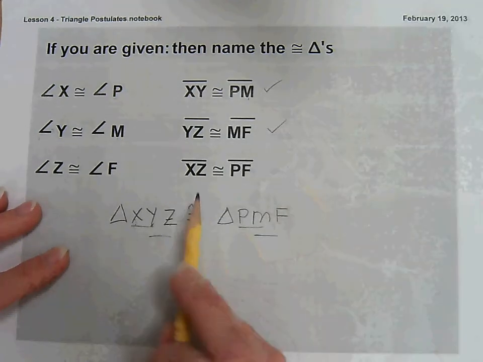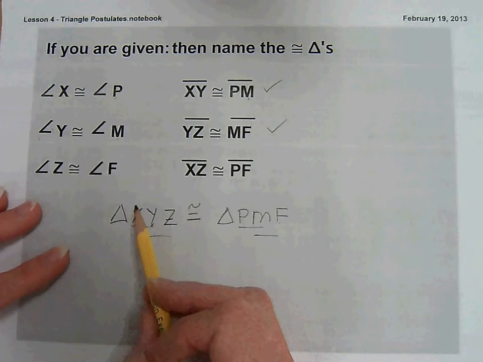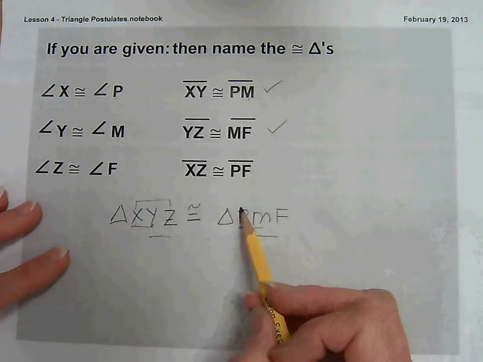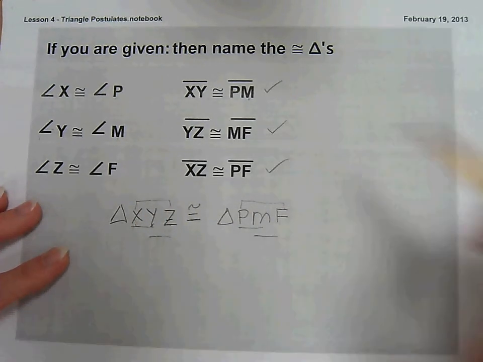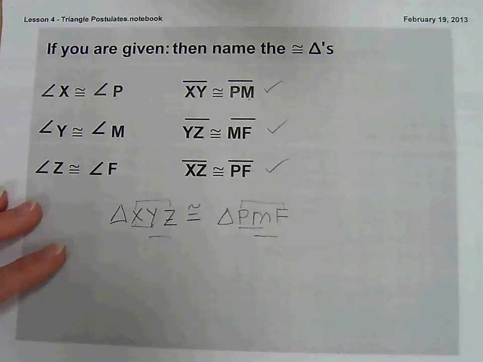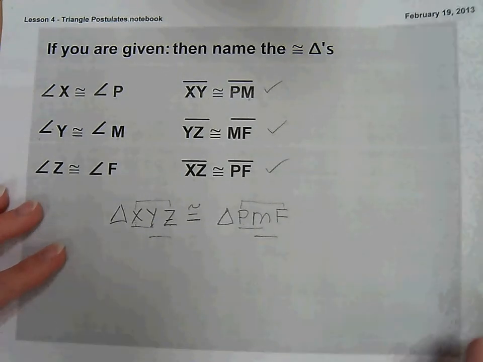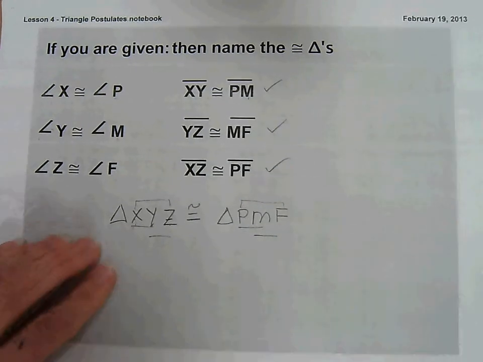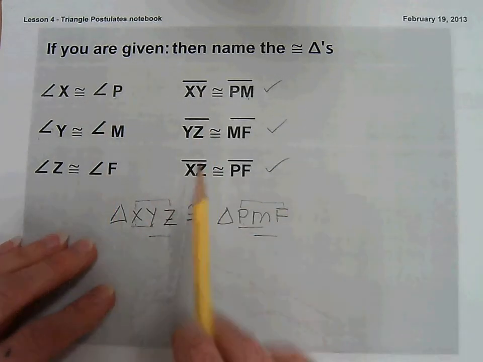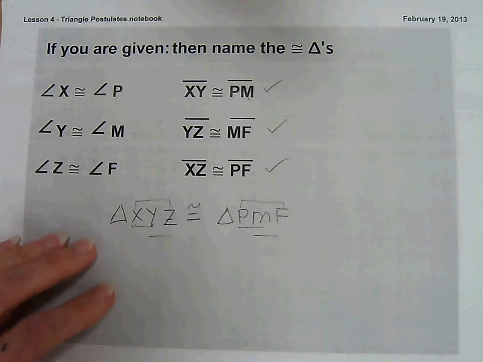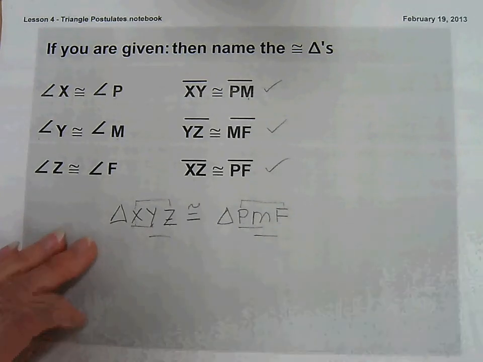And we've got XZ congruent to PF. So that works. So that's how you figure out what the name and the right order of your triangles are if they are congruent. So you have to have 6 congruent parts here. Every side and every angle. There's 3 sides and 3 angles.